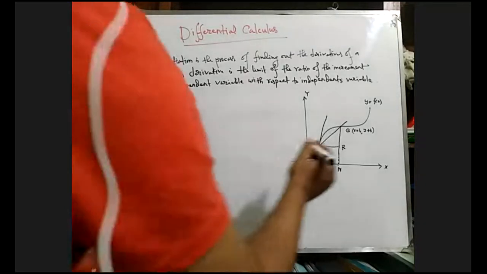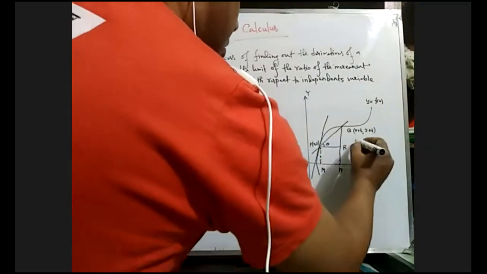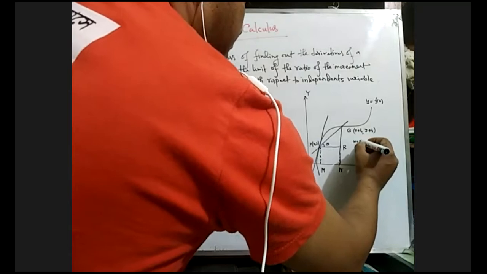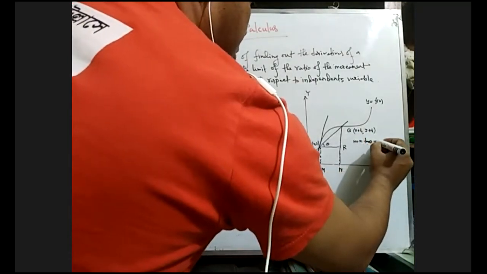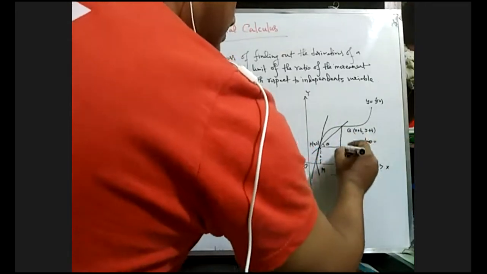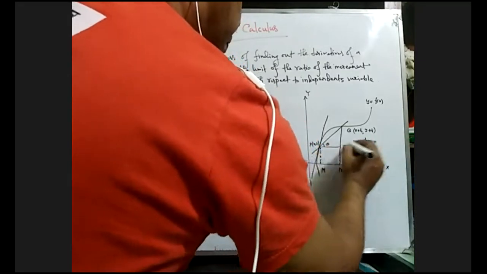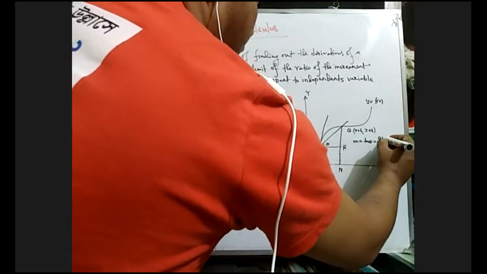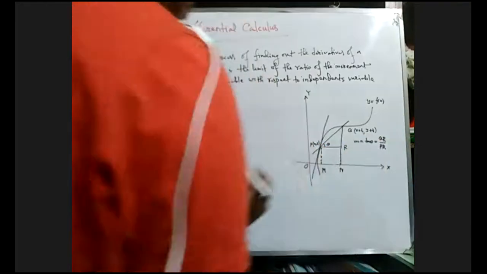Suppose we have an angle here, theta. So we can write m is the slope here, tan theta. Tan theta equals what? Perpendicular by base, QR divided by PR.